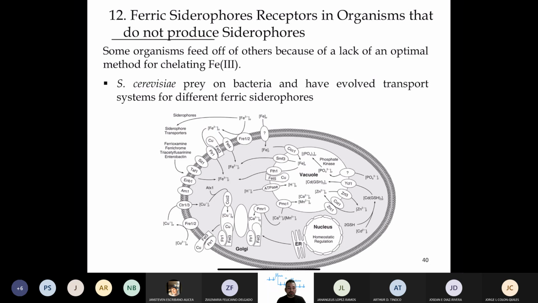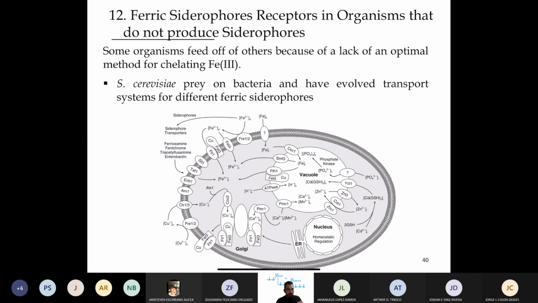We'll later on discuss in more depth this idea of siderophores and other processes to allow metal movement. But it turns out that other organisms can take advantage of these siderophores that are produced by bacteria in order to mobilize iron, transport it and use it.